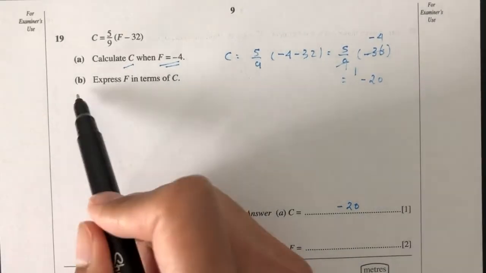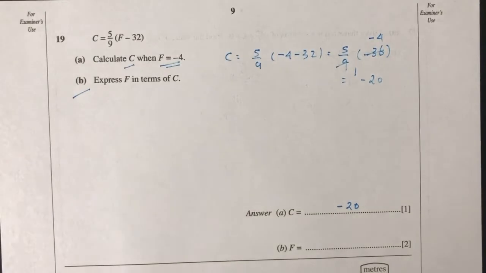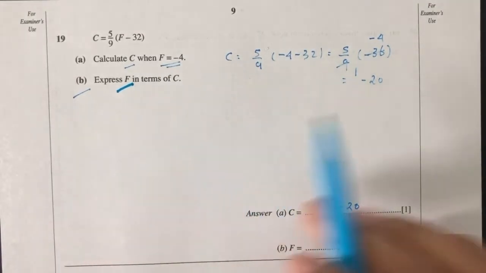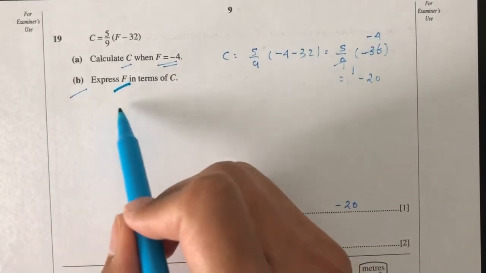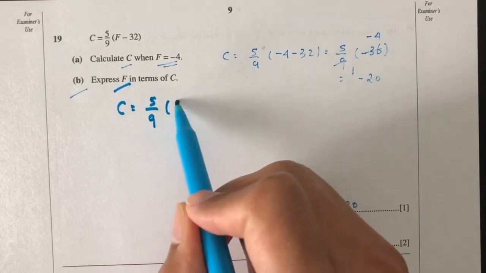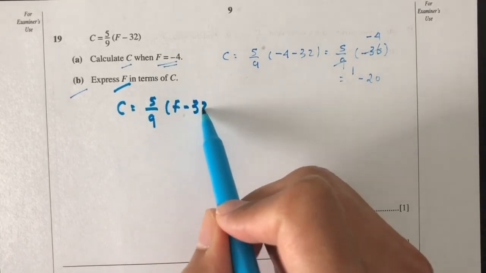Now for part B, express F in terms of C. So we have to make F the subject of the formula. So we have C equal to 5 over 9 times f minus 32.